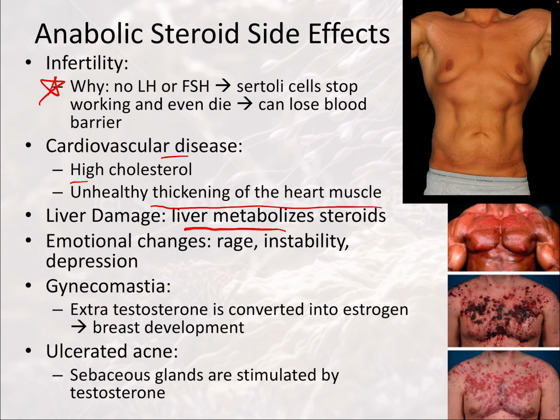Testosterone can lead to emotional changes, so rage, instability, depression. Can also end up with gynecomastia, which means breast development in males, because what happens is there's just so much excess testosterone around that can be converted into estrogen, and then you can start seeing female sex characteristics.